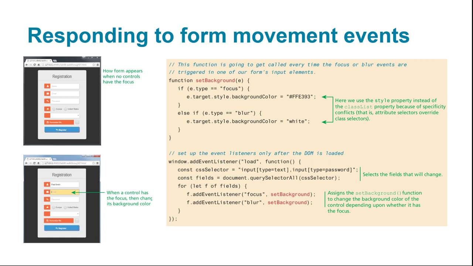So you can also target them directly by input types. If you do it by tagging them all with the same class, then you can select all with a query select all and then iterate through them, like f of whatever. And then you add the event listeners for focus or blur.